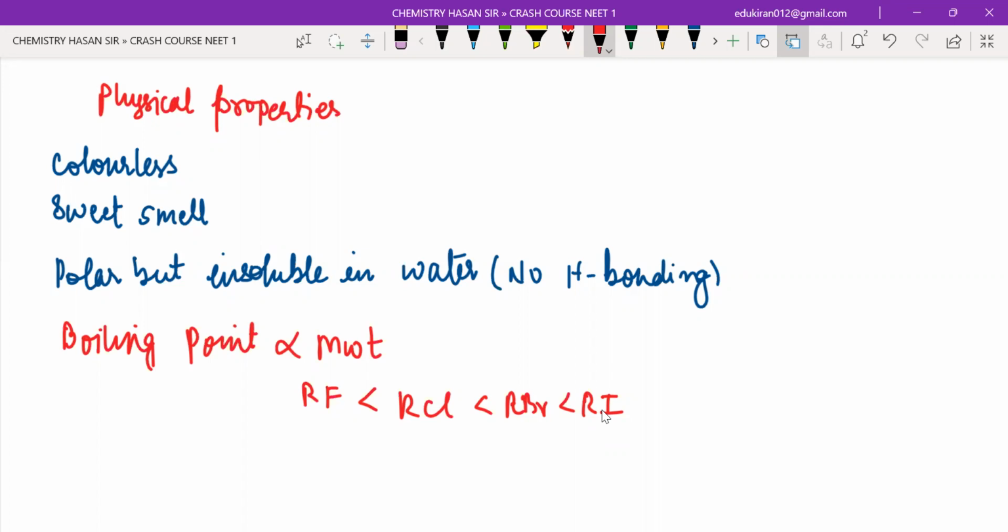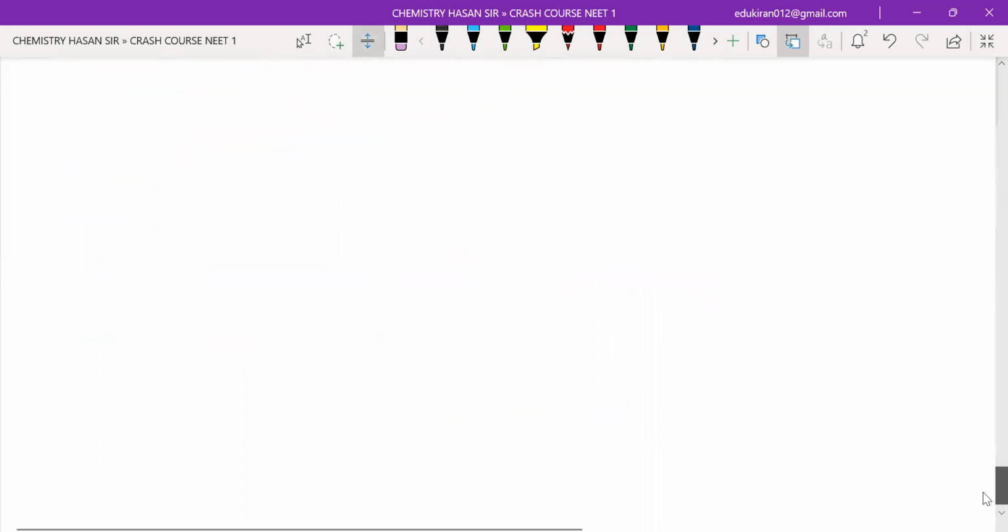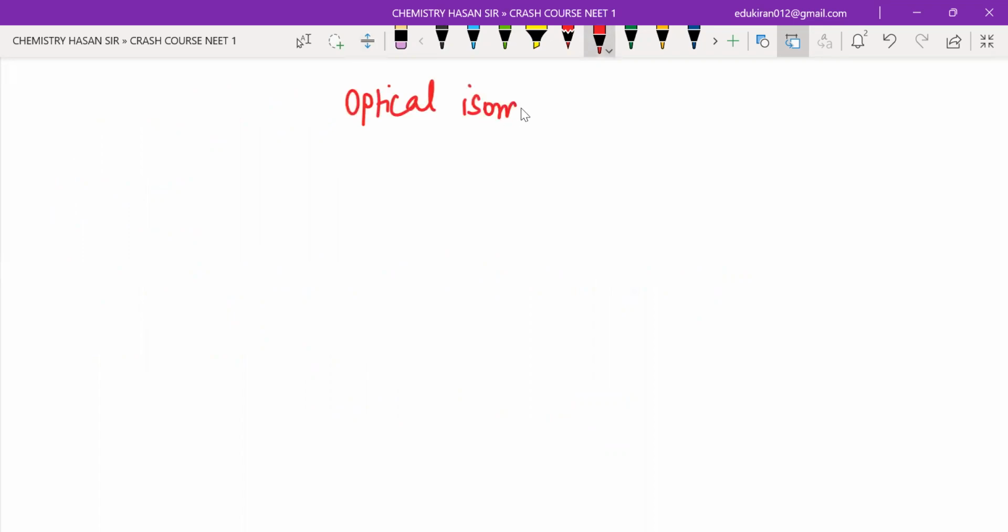Now we are going to optical isomerism. What is optical isomerism?